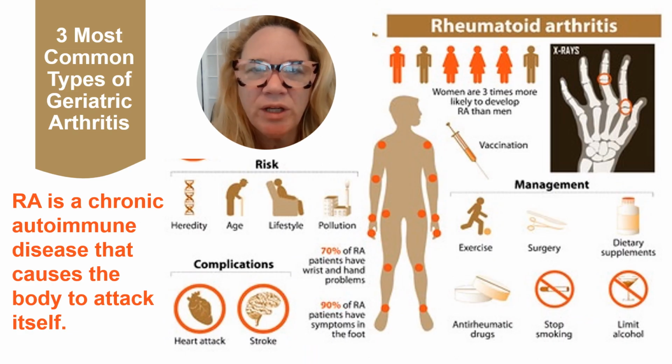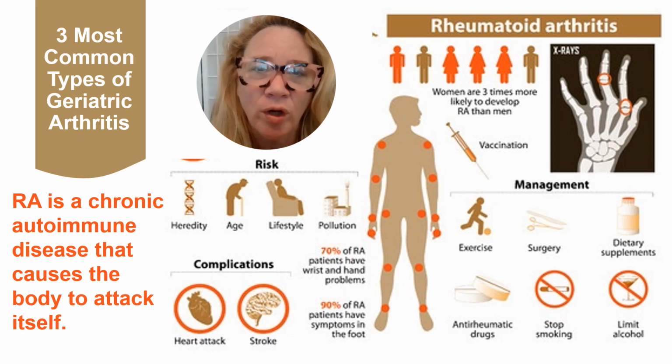Out of the 3 most common types of arthritis, the next one we're going to review is rheumatoid arthritis. Rheumatoid arthritis only affects perhaps about 2% of geriatrics, so on average, 1 in every 50 clients might have rheumatoid arthritis. It's an autoimmune disease where the body attacks itself, and your risk to develop autoimmune disease increases with age.